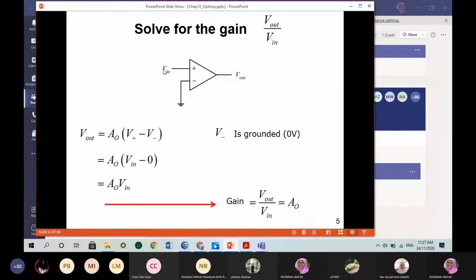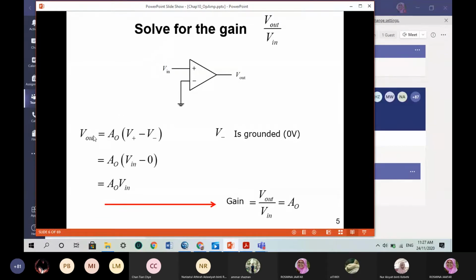Okay, so when you have input V in to the plus terminal, V minus would be 0. So the input is only coming from V in, because V minus here is 0 and V plus has some value. Because V minus is 0, the difference between V plus and V minus is due to the value of V in only.